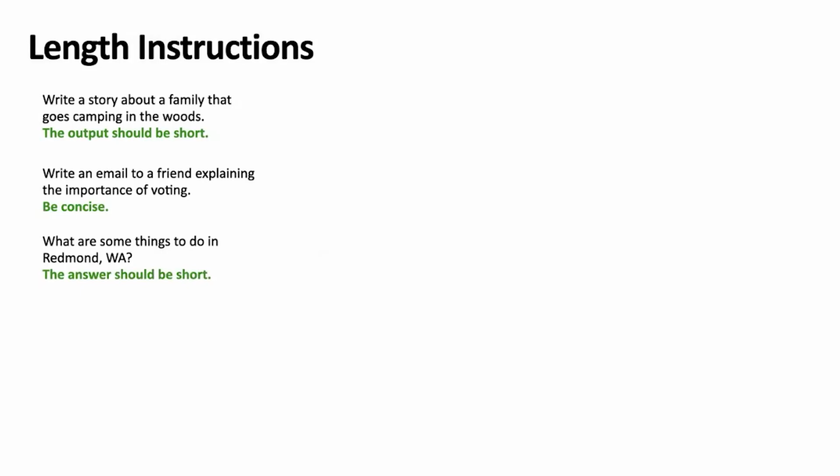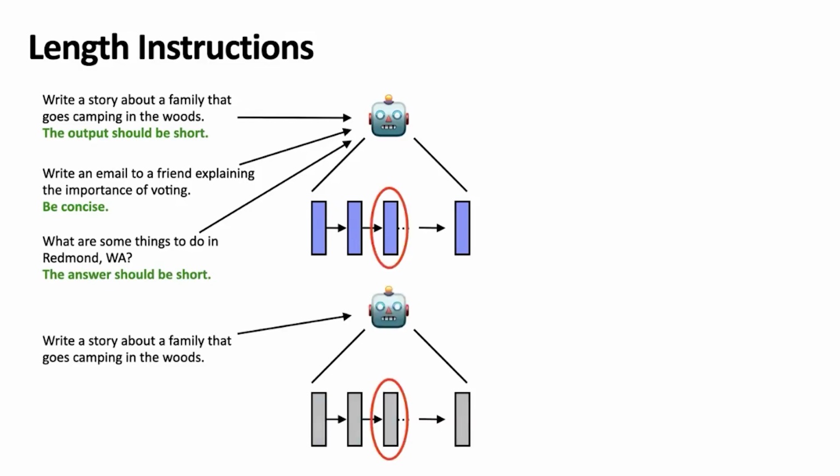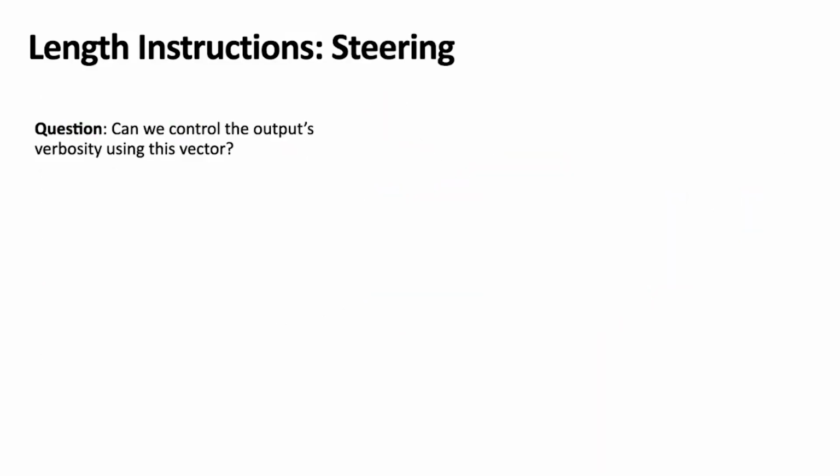We do this by performing the same procedure, with pairs of inputs, one without instruction and one with instructions like the output should be short, the output should not be too long, be concise, and so on. We feed the model pairs of these inputs, store the representations, and take the average of their difference over multiple pairs.